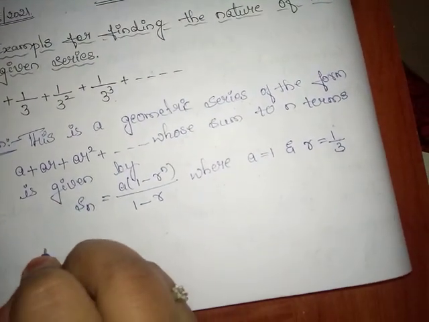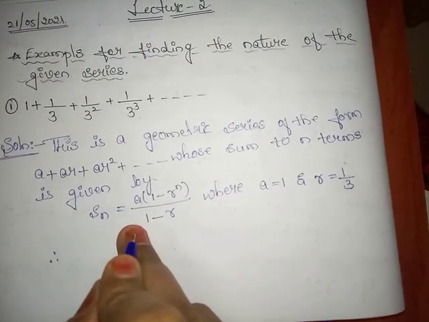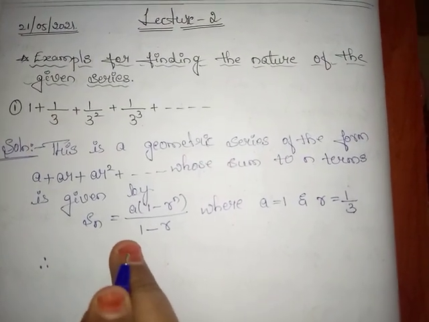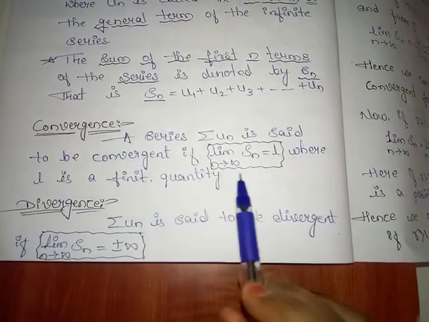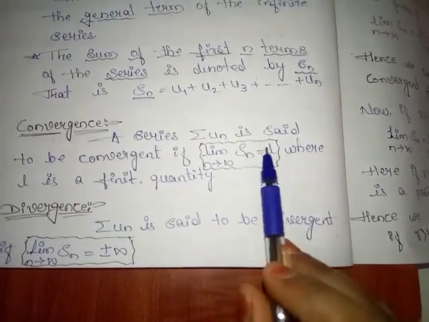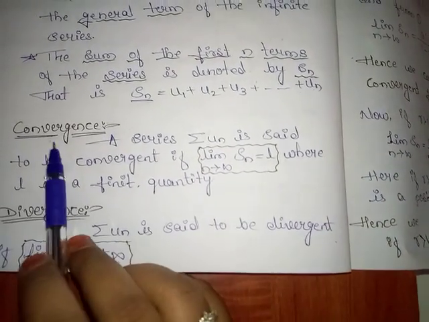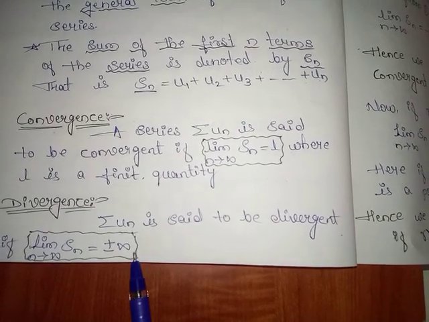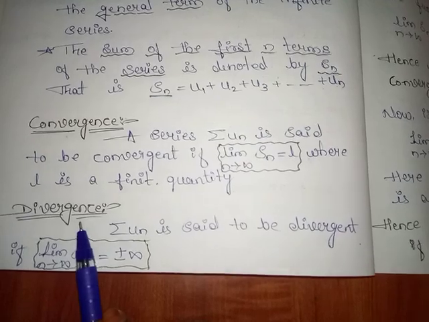Therefore, to find the nature of the given series, we have to apply the limit here, because we know that the series is convergent when the limit as n tends to infinity of Sn is a finite number. If this limit value tends to infinity, then the given series is divergent.